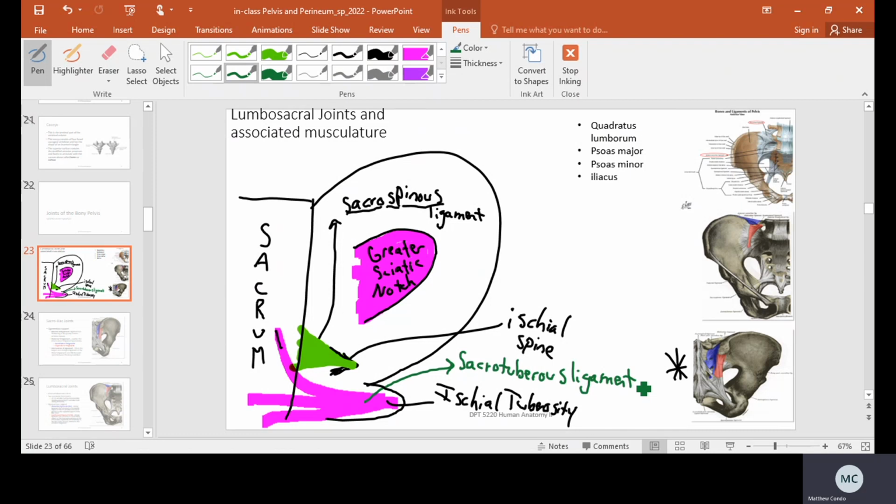Here are two more ligaments that add to that stability. The other thing they're going to do is provide two really key landmarks for my pelvis, okay?